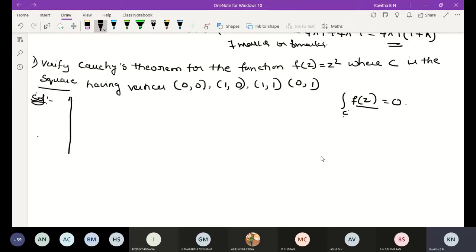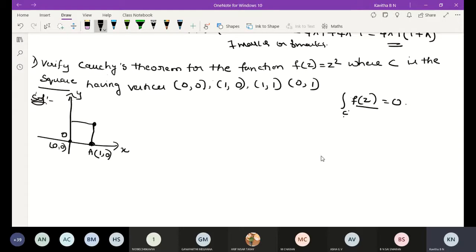Draw the square here. This is the x-axis, y-axis. Then draw the square in the plane. This is 0, 0, point O. This point is A, which is 1, 0.